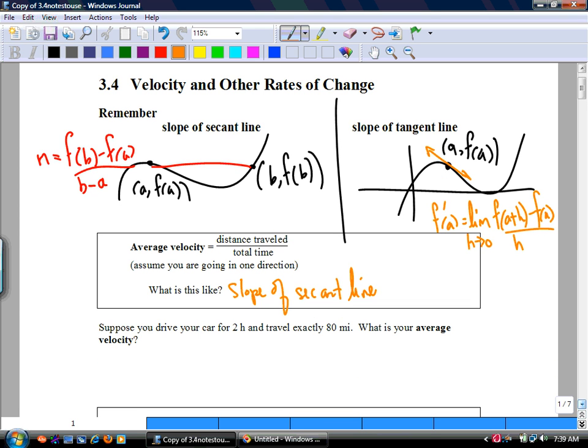Suppose you drive your car for 2 hours and travel exactly 80 miles. What's your average velocity? Okay, this is great. A grade 8 could do this. Average velocity is 80 miles divided by 2 hours is 40 miles per hour.